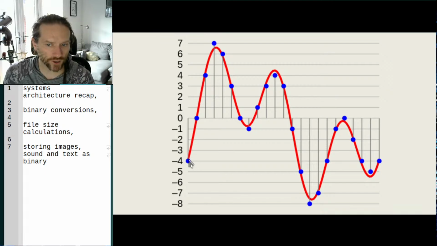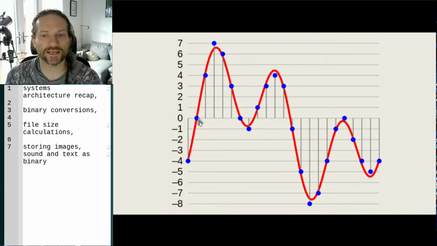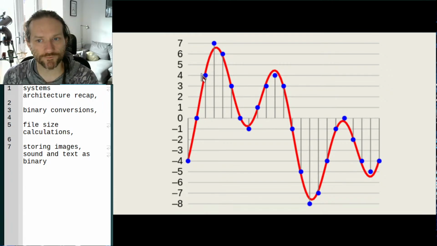This first one, we measure that. Oh, that's -4. That's fine. This next one is a 0. This next one is a 4. This next one, if you look at it, the actual wave is halfway between 6 and 7. But it's just a little way past halfway, so we end up saying that's 7, because we can't have a value in between 6 and 7. So each of these samples will be mapped to the row, if you like, which is closest to where the wave actually passes down.